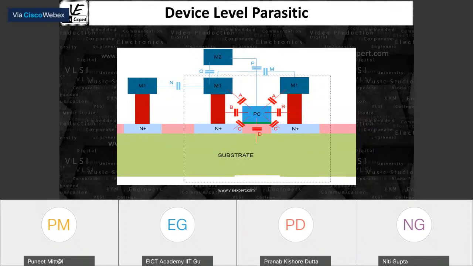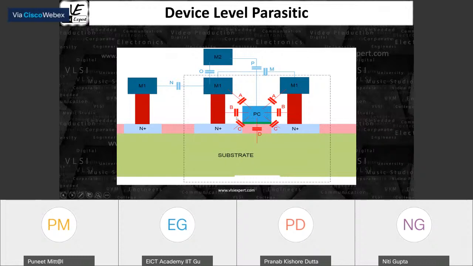So parasitic extraction is a completely different field in MOS designing, and that's the reason when we are talking about the library, there are different types of cells, different types of NAND gate, AND gate. In an AND gate, there are different configurations, like which type of PMOS, which type of NMOS you have used. Like in this example, there is a capacitance between PC and this cut via, basically the diffusion via and the metal one.